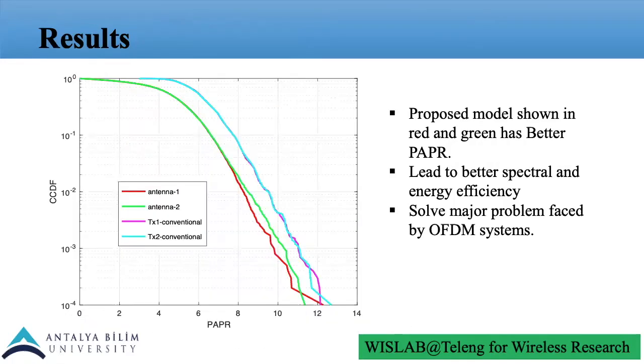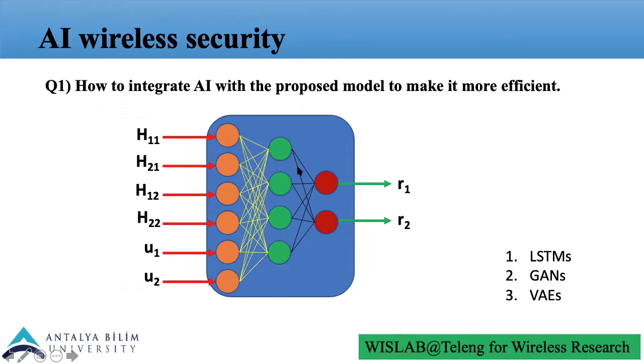So basically what you need to do is construct a neural network using LSTMs, generative adversarial networks, or variational autoencoders.